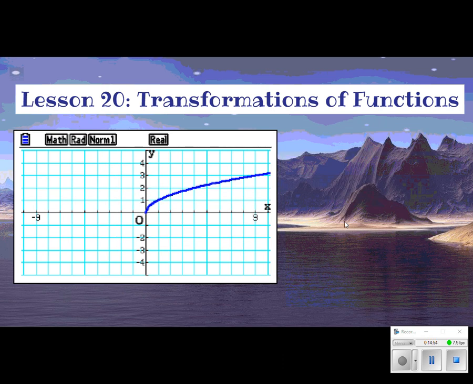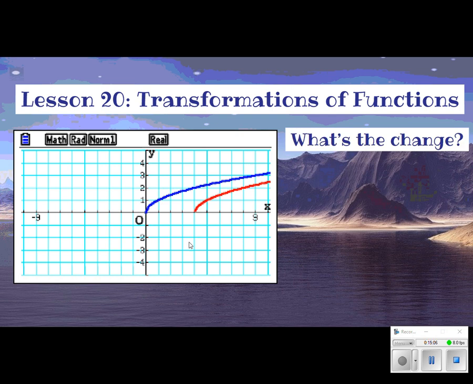Okay, so what function family is this? If you said the square root family, you're correct. All right, so this is my parent. This is my child. What's the difference? How is the red one different than the blue one?